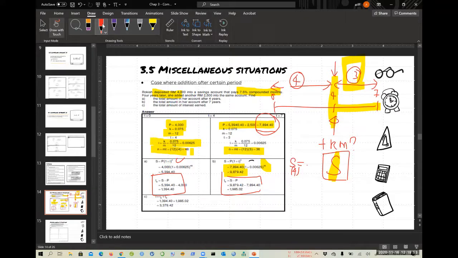You would take the future value, that is 9,879.42, and minus the principal, that is 4,000, which is wrong, because in this situation you have a total deposit of not only 4,000 but plus the 2,500. So in this case, I will be the final compound amount minus the total deposit.